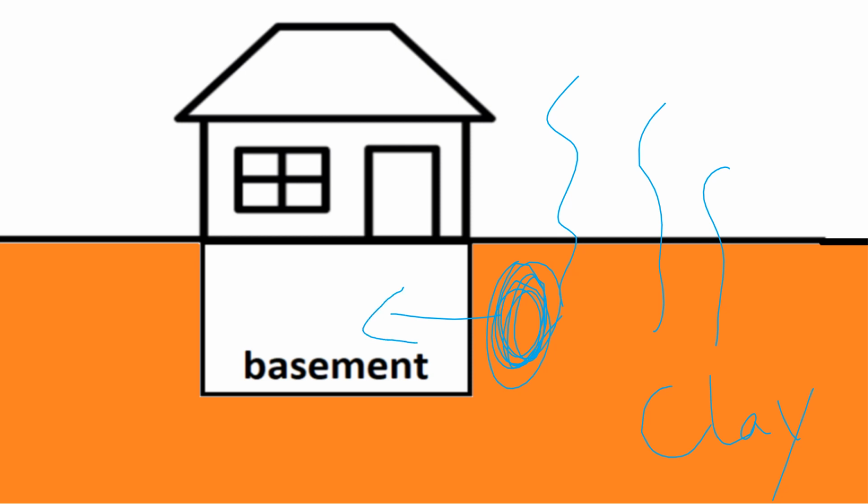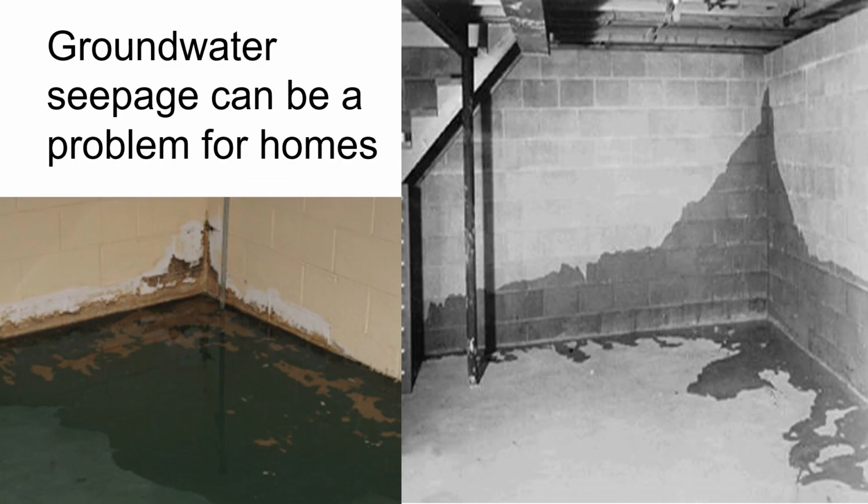It is going to seep into the concrete because that's the easier path to go. We don't want this situation. If you have a concrete basement, which all basements are concrete walls, and the water chooses to go sideways because it has a hard time going down, especially if we have clay in the soil, that's what's called seepage, and we wind up with water in our basements, which we don't want.